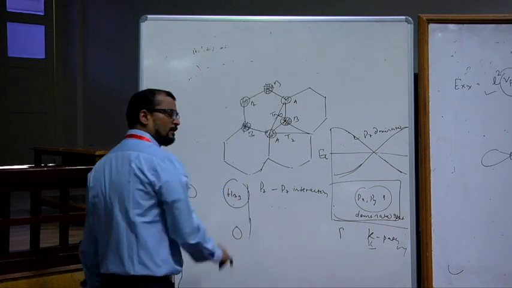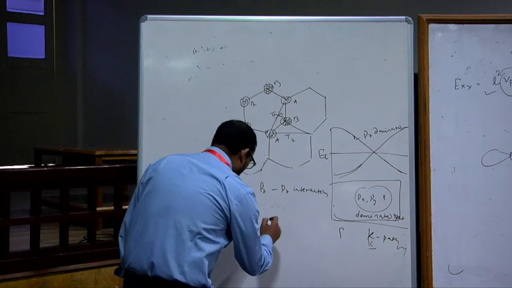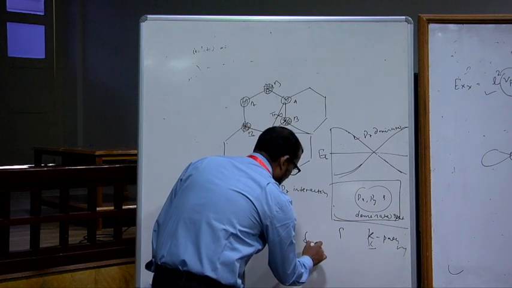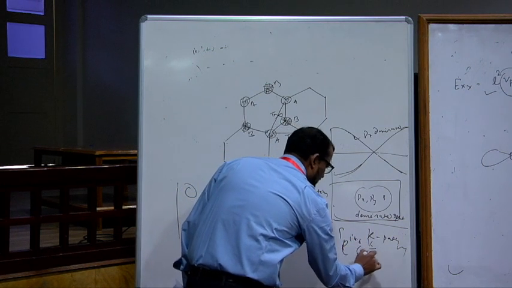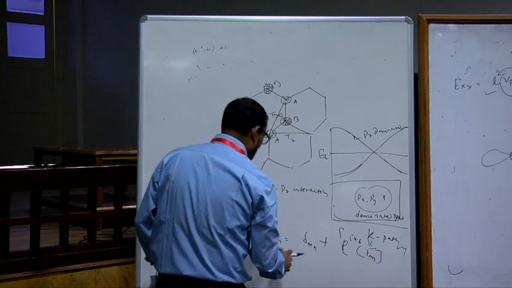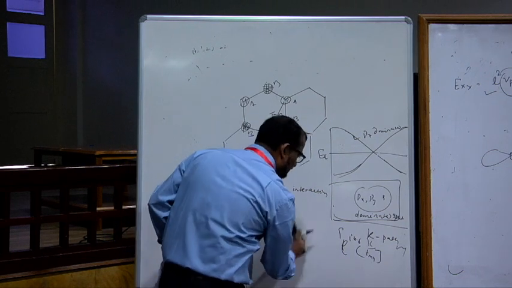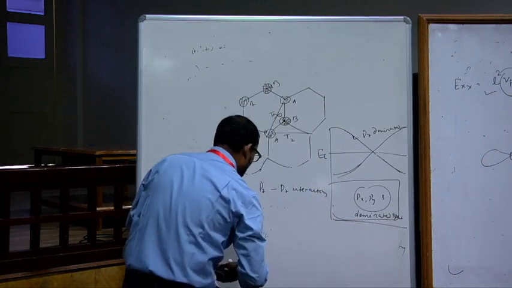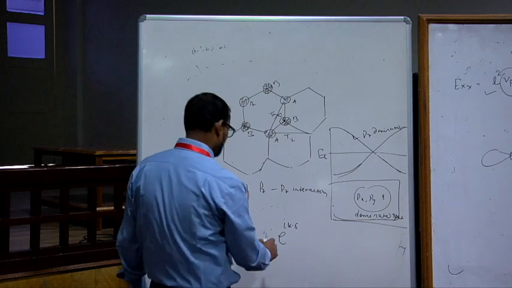Now what is left is your interaction HAB. If you recall my expression, in general we write H-MN as some delta factor, MM, plus some e to the power ik dot delta, then some PMM. If I examine this, since these are two other atoms involved in the system, in this first component, delta M is equal to M not equal to N. So I am just left with e to the power ik dot delta, summed over delta.